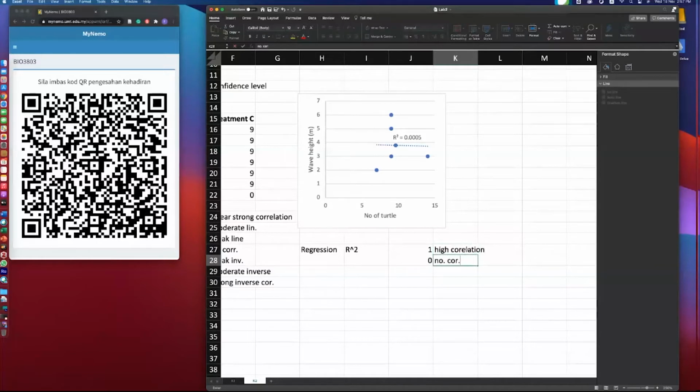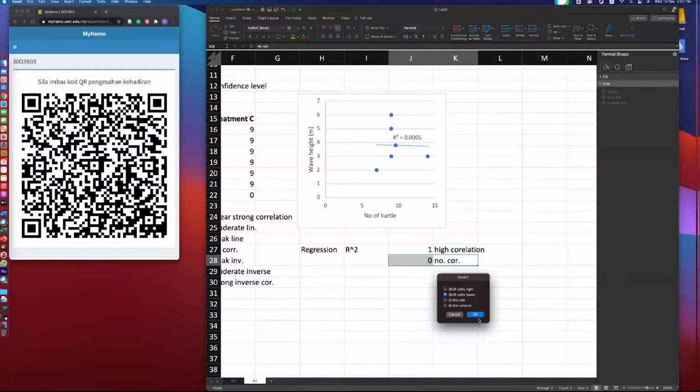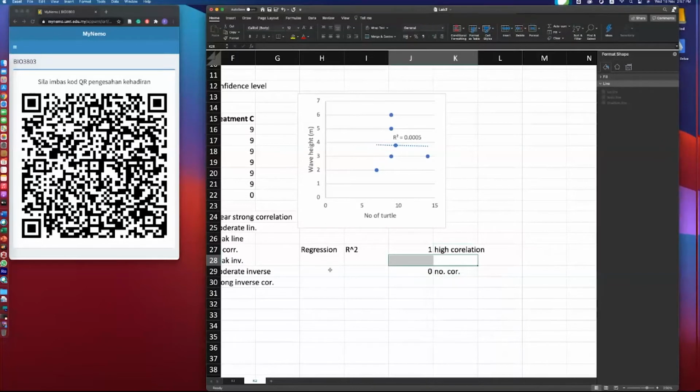Okay, the highest value is 1, the lowest is 0. So if the number indicates moderate, how do you know whether it is moderate, weak, whether it is inverse or linear?